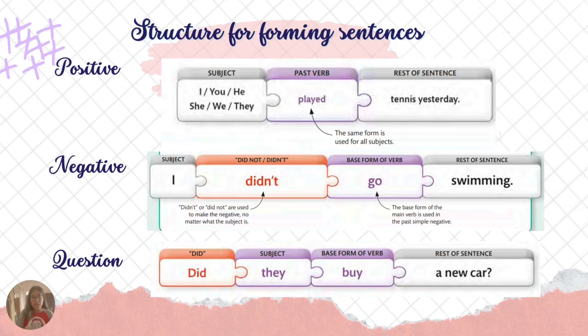The negative has the subject plus the auxiliary do in the past and negative, that is did not, or the contraction didn't, plus the base form of the verb, plus the complement. And the questions have the auxiliary did, plus the subject, plus the base form of the verb, and the complement.